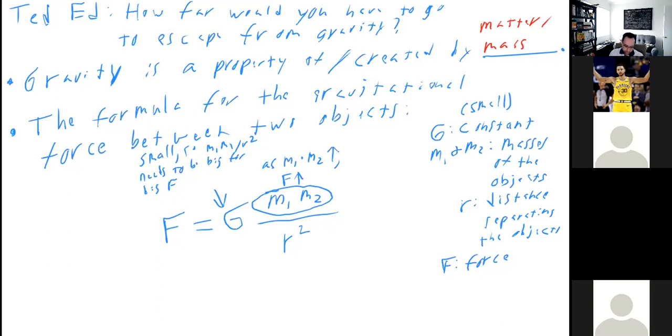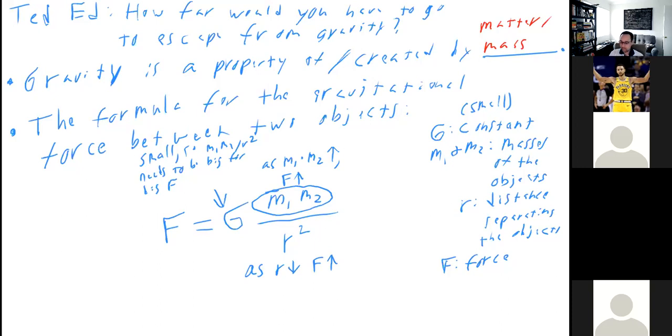Now R is in the denominator. So as R decreases, F increases, by a power of 2, actually. So the distance between two objects is very important. And we're going to look further at this relationship next time.